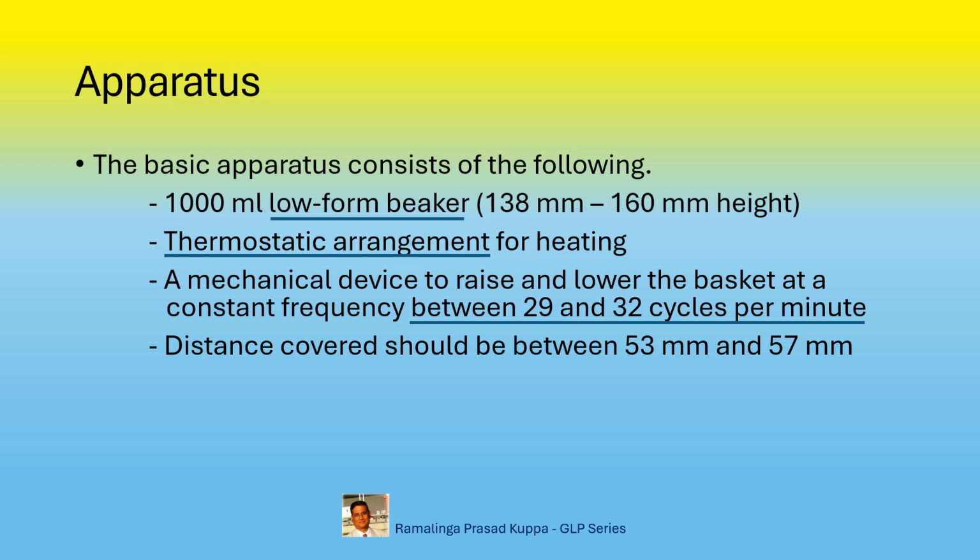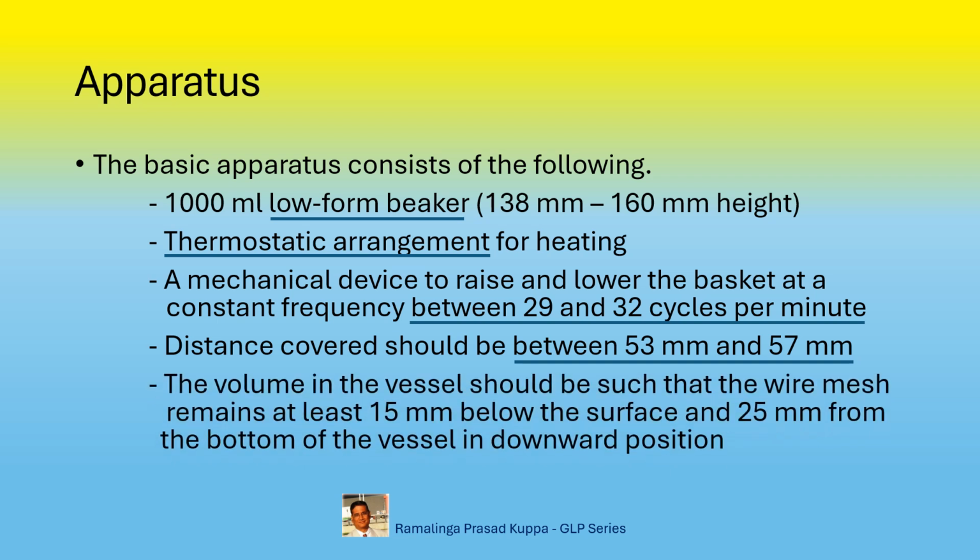The distance covered should be between 53 mm and 57 mm. The distance covered during dips between the top position and the bottom position must be between 53 mm and 57 mm.